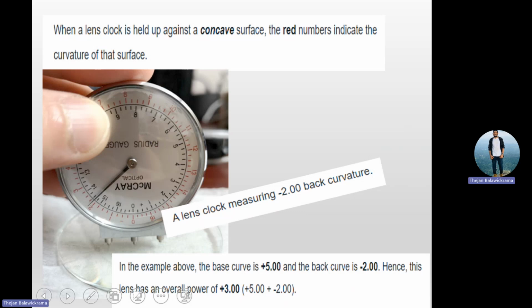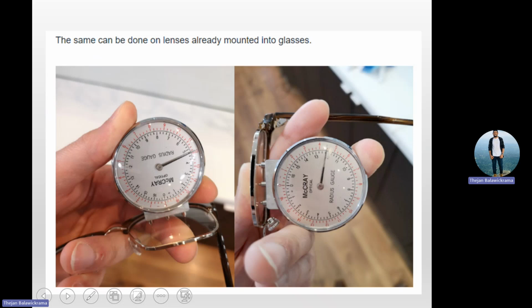Right? So that is a simple indication. Just measure it. Can you understand? Not only for lenses, you can check your glasses. If the surface is measured again, you get the value, right?